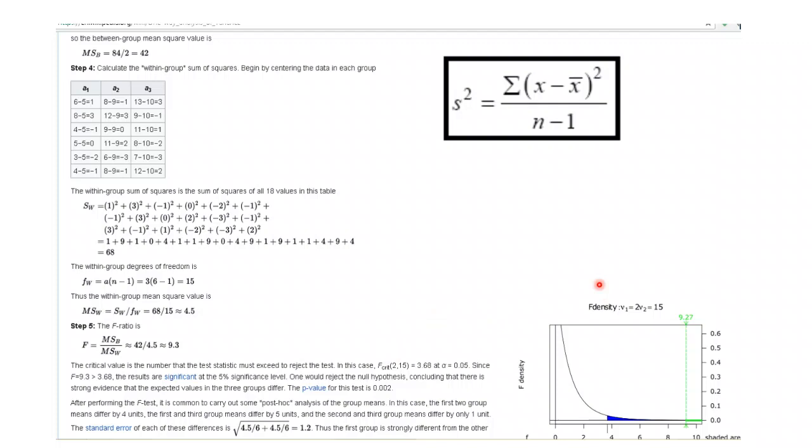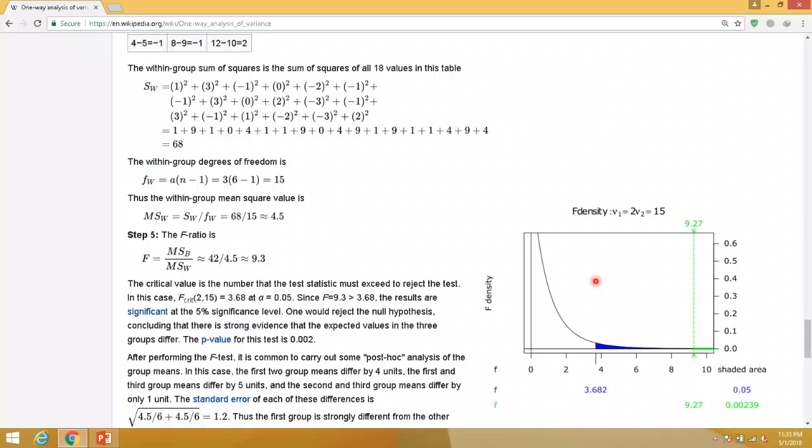When we consult this F distribution table, this is actually a more focused slide of the previous one. This is the same 9.3 value. The critical value is the same sentence.